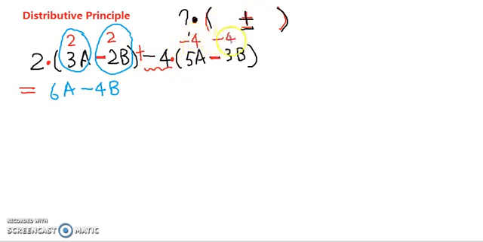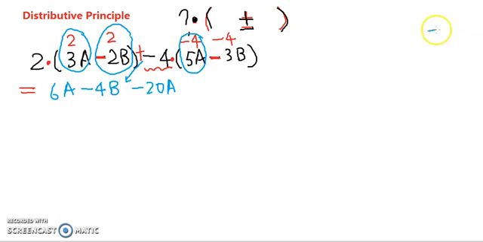So we put a negative 4 on top of each, and we multiply negative 4 and 5a. Negative times positive would be negative. So we're going to get negative 20a. So I'm going to go ahead and put minus 20a. And that invisible plus sign, you can still put it here, but it can also be omitted, because we talked about this before.